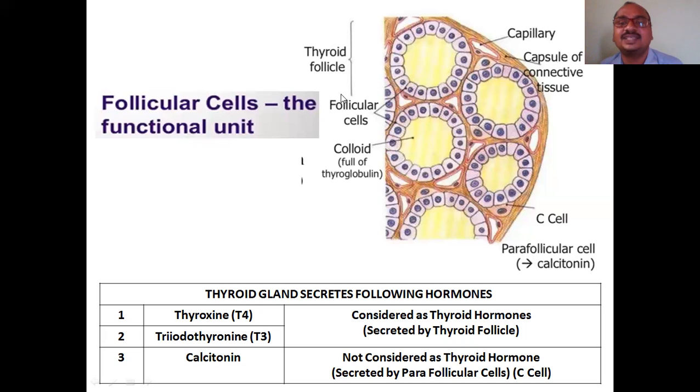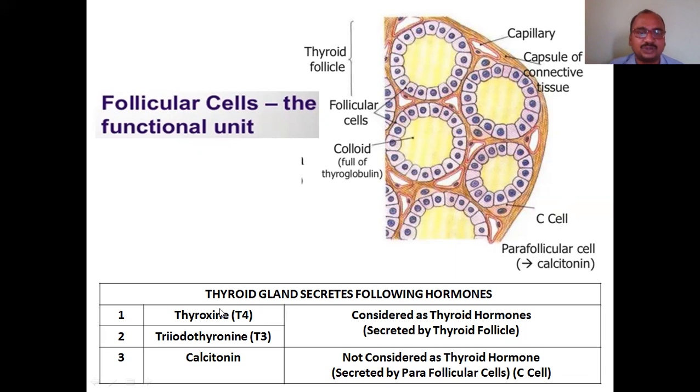We know the follicular cells here; parallel to those cells there are parafollicular cells. These parafollicular cells are called C cells. Why? They release calcitonin. You got my point? That's why C.